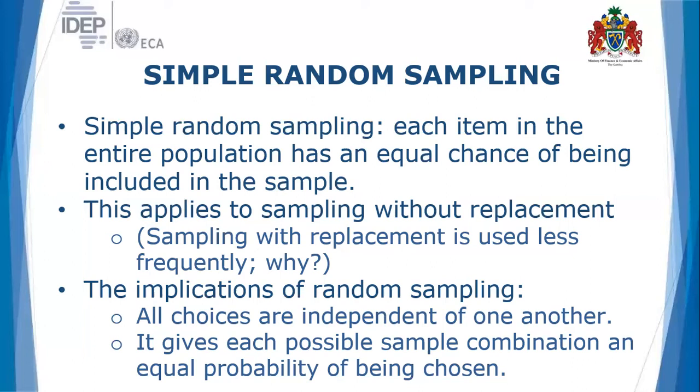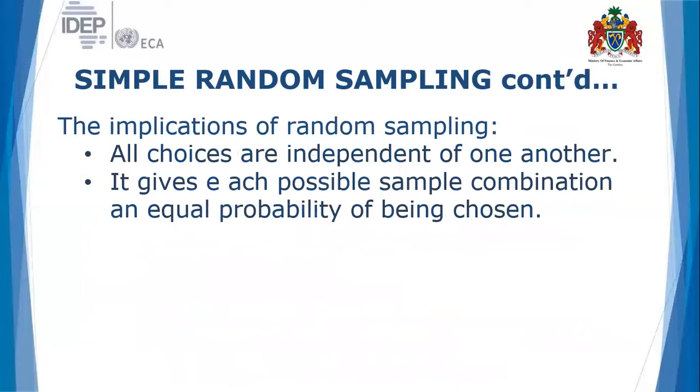So the implications of random sampling are that all choices are independent of one another. Choice of one element does not depend on choice of another element. Two, it gives each possible sample combination an equal probability of being chosen.